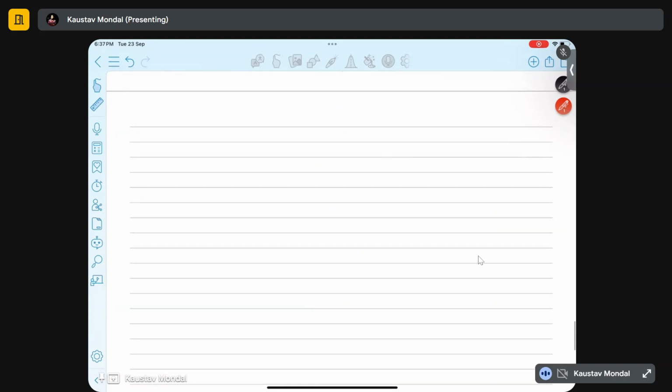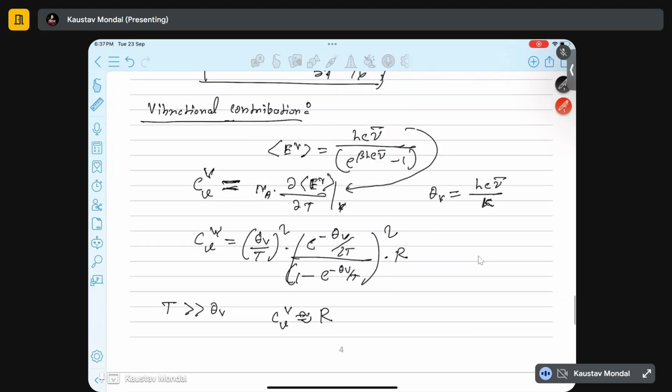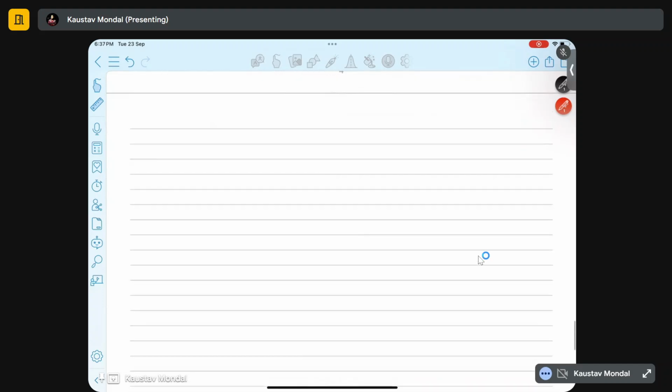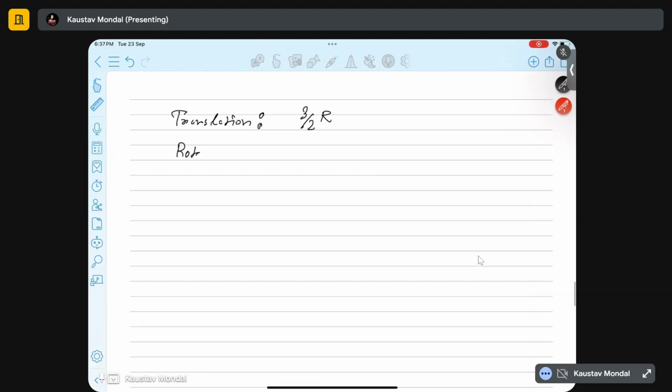Now if you want a summary of this whole discussion, we can write that for the translational case, the specific heat has the value 3 by 2 R, and the rotational part can have either R or 3 by 2 R. R would be for the linear case and 3 by 2 R would be for the non-linear case.